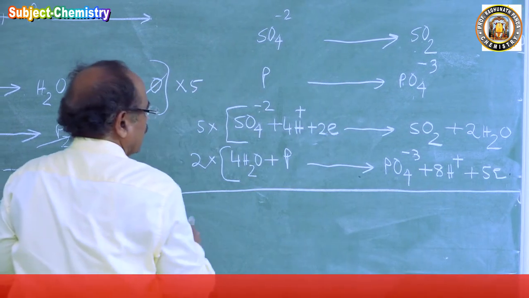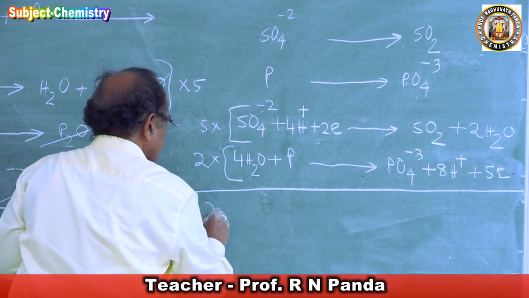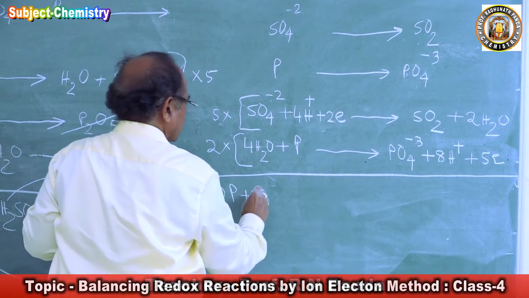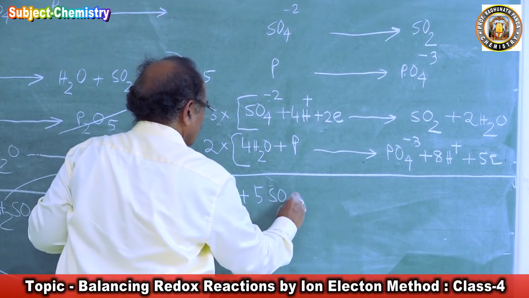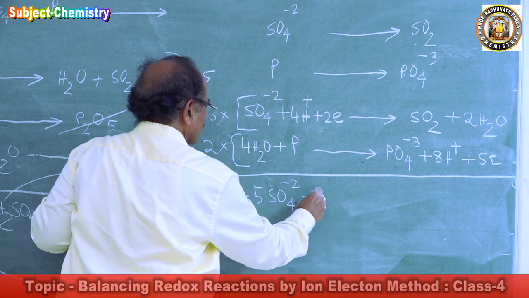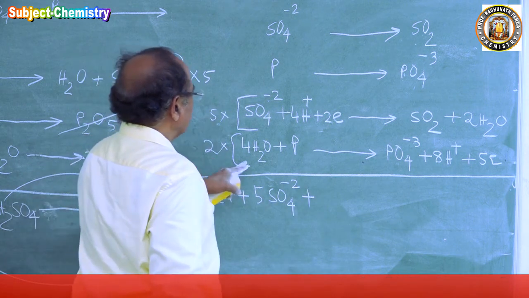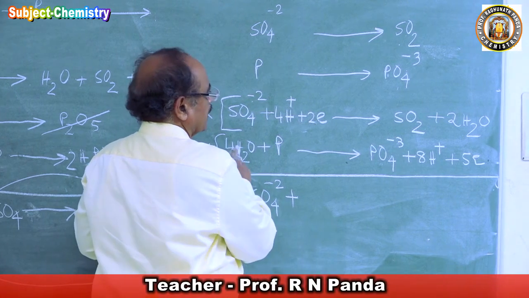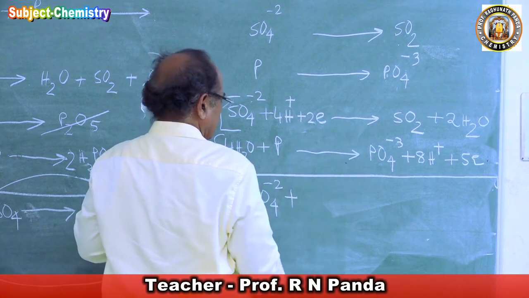So we'll add here 2 phosphorus plus 5 sulfate, SO4 minus 2. Then comes 4 water left side. We'll have 4 water on the left side and 2 water on the right side.